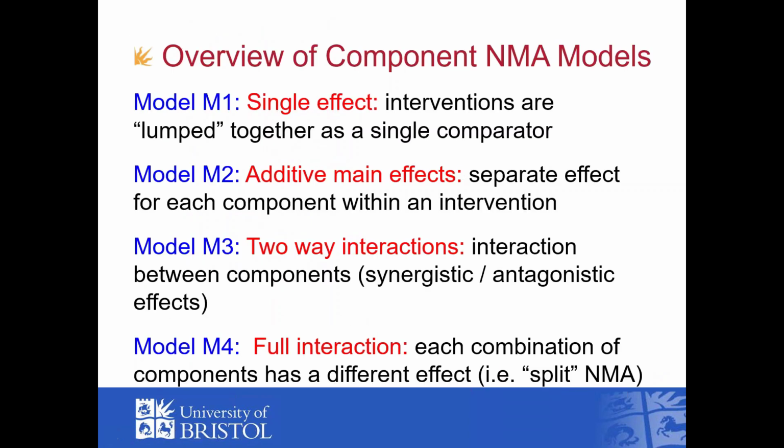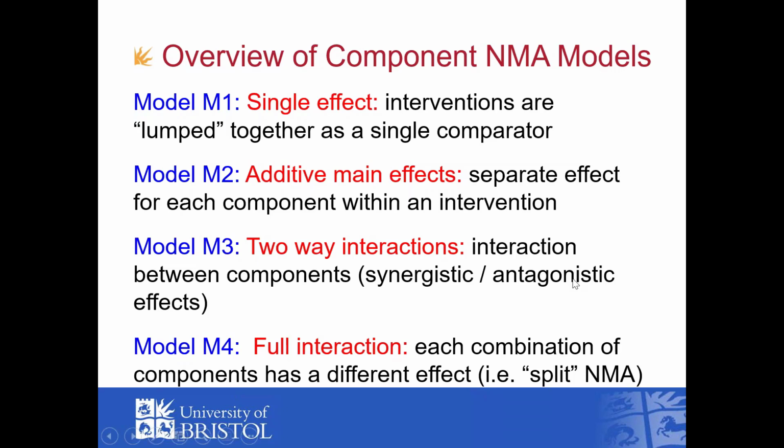That assumes that there are no interactions between those components. But of course, there could be interactions. It could be that when you give two things together, they do particularly well. They have a sort of synergistic effect. Or perhaps when you've given one sort of intervention with one component, adding another component which may be doing something similar doesn't give as much additional benefit because there's already something a bit like it in there.